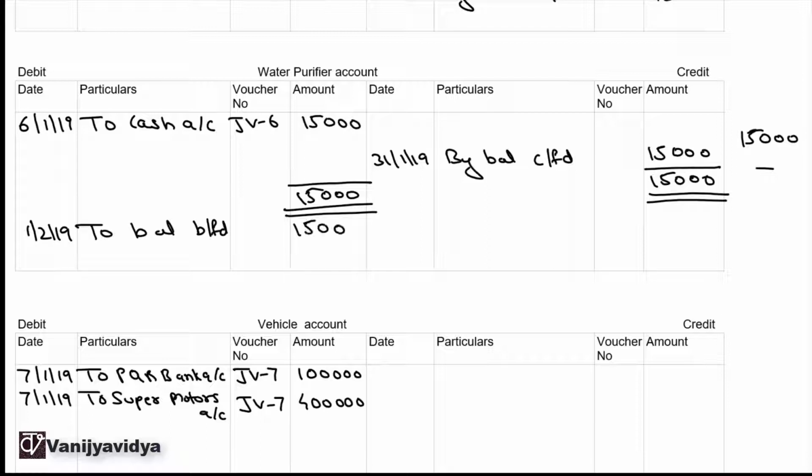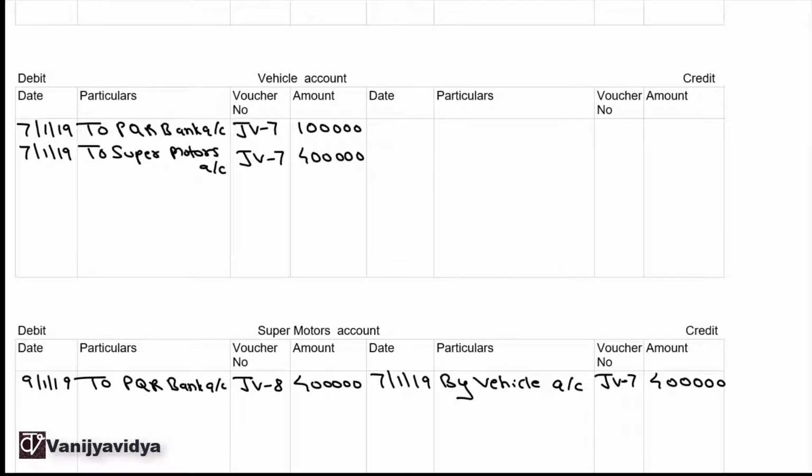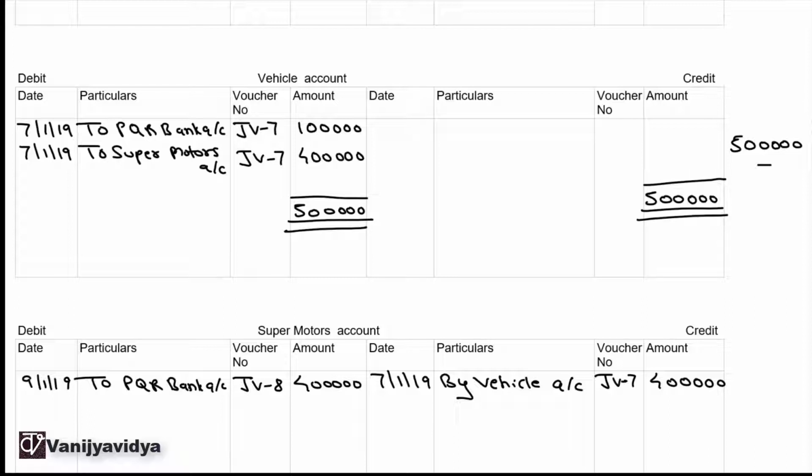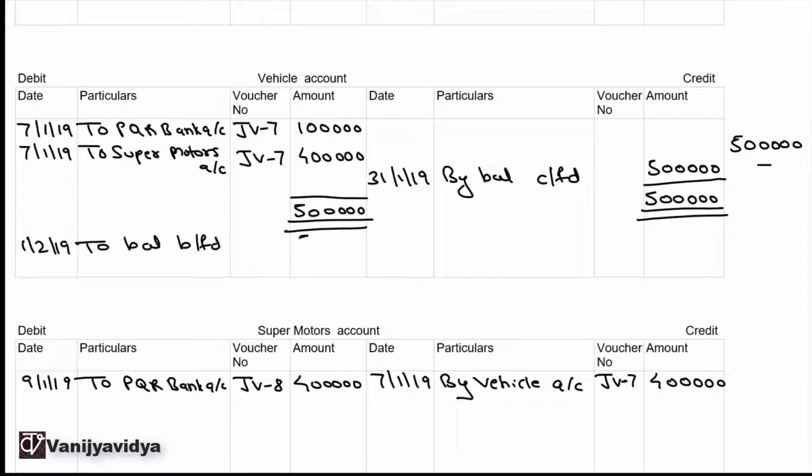Now let's move on to the next ledger account. Vehicle account. Debit side total is 5 lakhs, credit side nil. So total is 5 lakhs on both the sides. Then on the credit side we write 31st Jan 2019 by balance carried forward 5 lakhs, on 1st Feb 2019 to balance brought forward 5 lakhs. Now let's move on to the next ledger account.